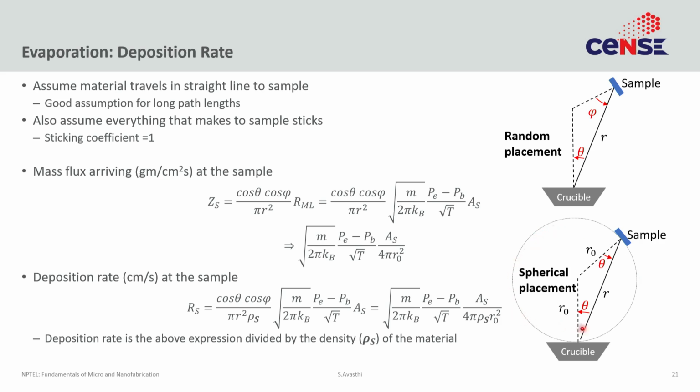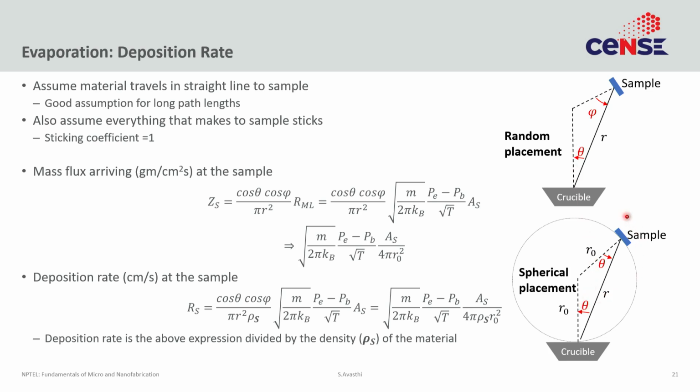of spherical placement, where the sample is placed a distance r naught away from an imaginary center, which is also r naught away from the crucible. So supposing this sample was mounted on an imaginary circle here, these two angles phi and theta are actually equal, so both of these are theta.